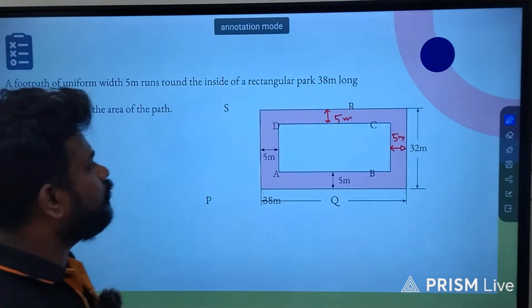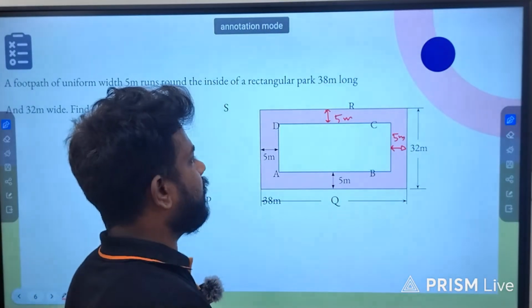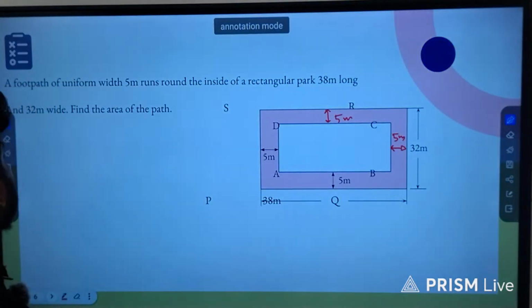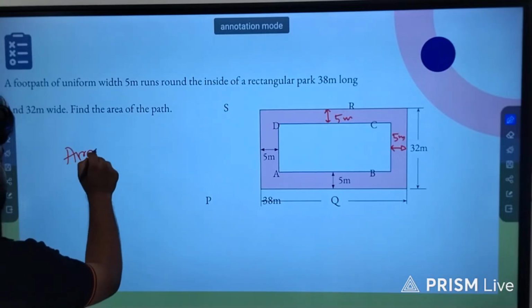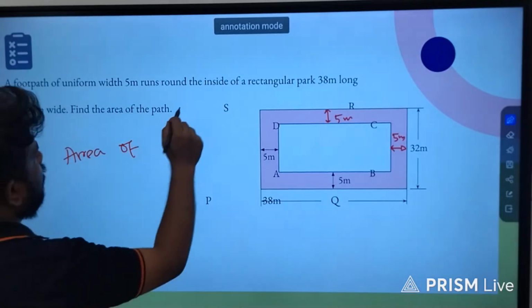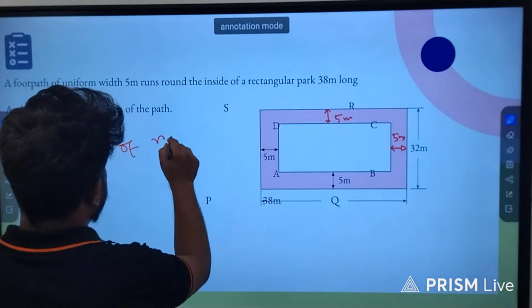So you have to find the area of the path. To find that, we first have to find the area of the rectangular park.